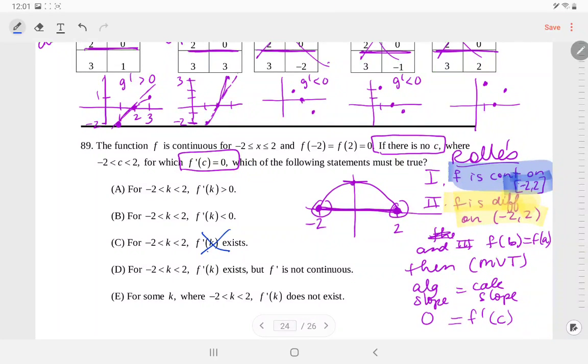Exists. No, there's a problem. Less than 0, greater than 0. No, it has to do with the conditions. Okay, f prime exists, but f prime is not continuous. Oh, it does say f is continuous, so it's not this one. Okay, so f must not be differentiable.